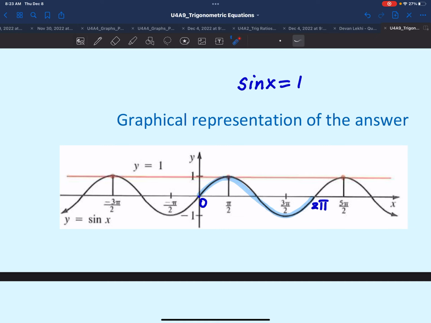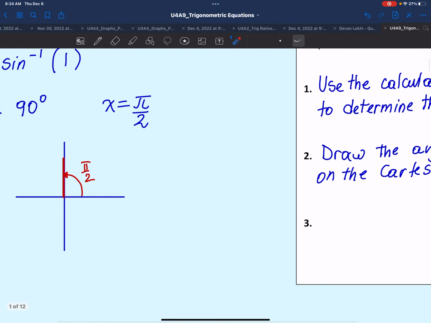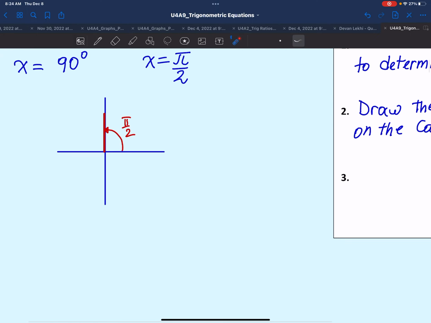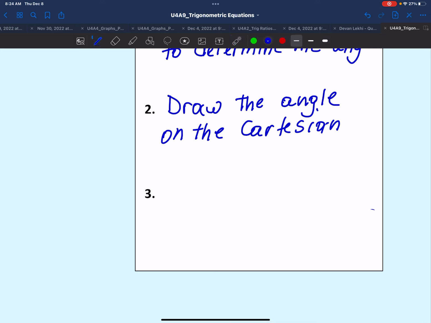I hope this kind of explanation can help you understand how to check your answers by using graphs. You can easily graph the equations on Desmos, and then you can determine whether the solution you found by using the algebraic method is correct or not. So step number 3 would be to determine the angles with the same ratios in the specified domain. So let's write that down.